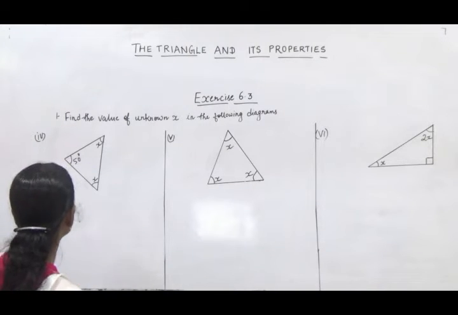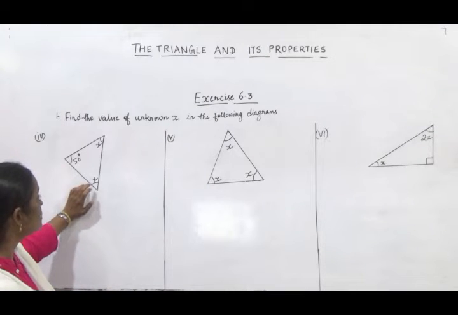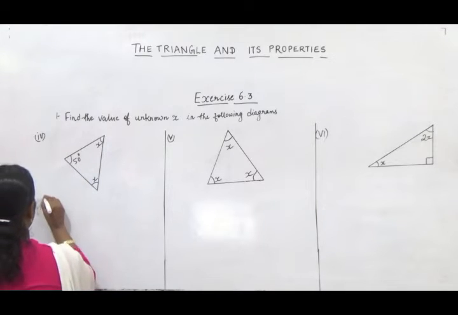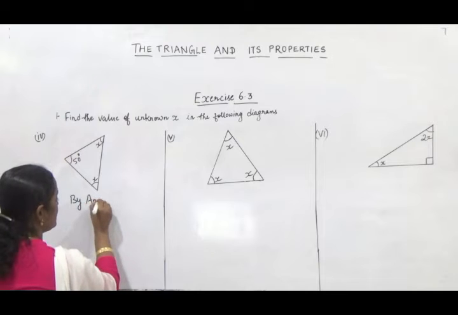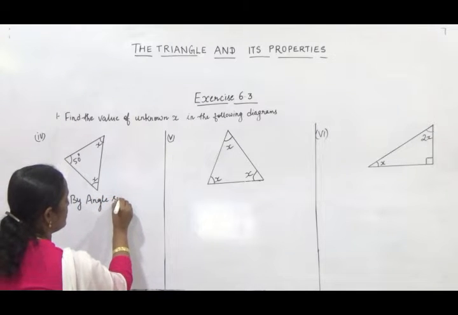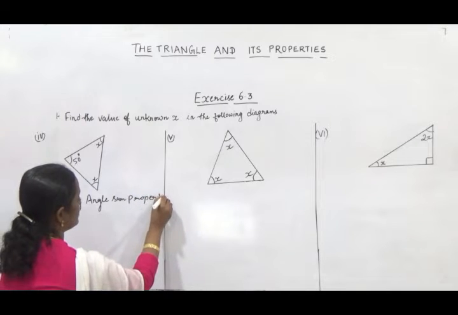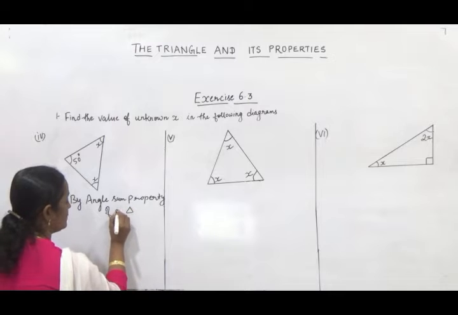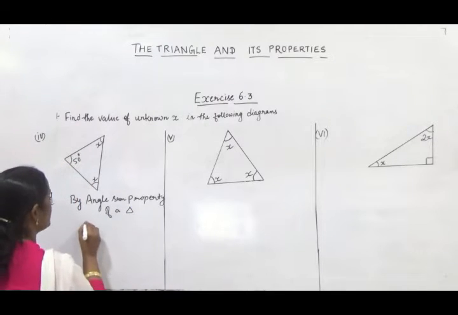Next question is question number 4. Here in this diagram we have to find the unknown value of x. Here two angles are unknown here. Same by angle sum property of a triangle, we can write the sum of the measures of these angles is 180 degree.